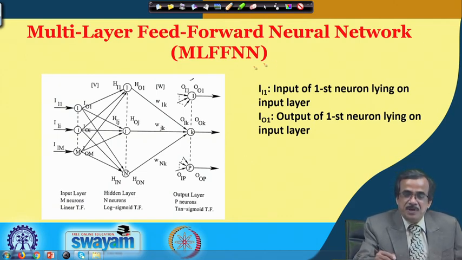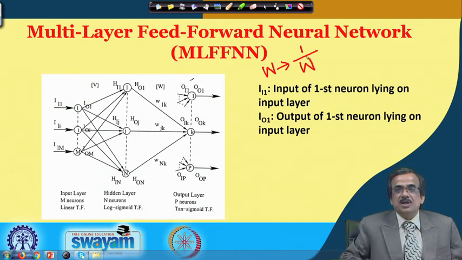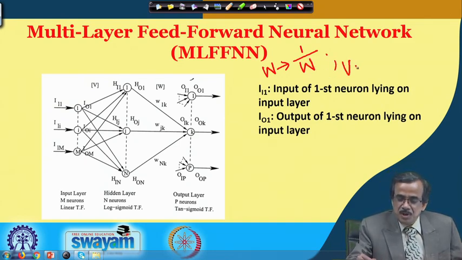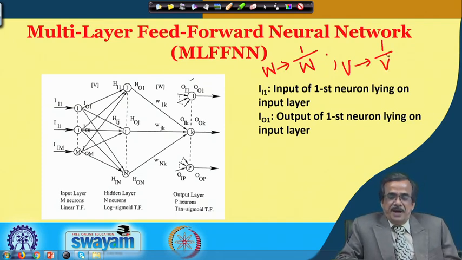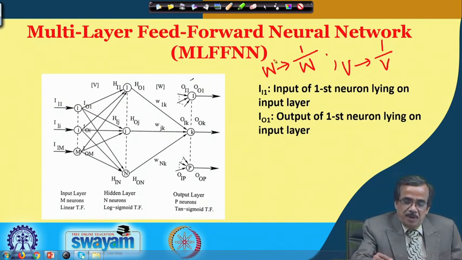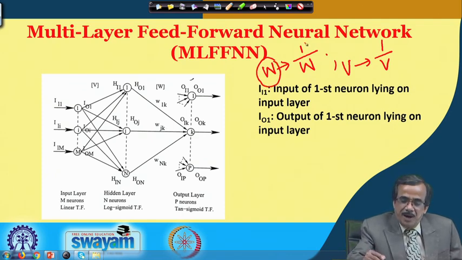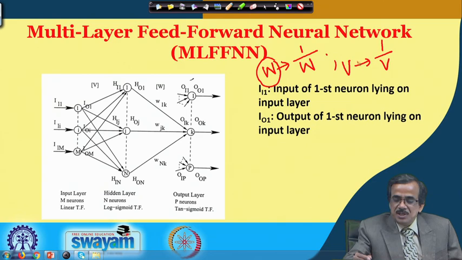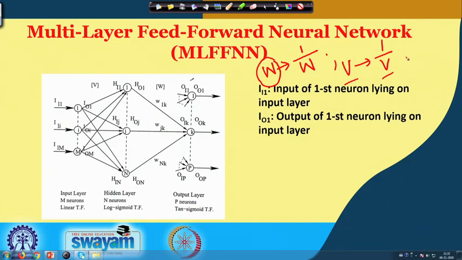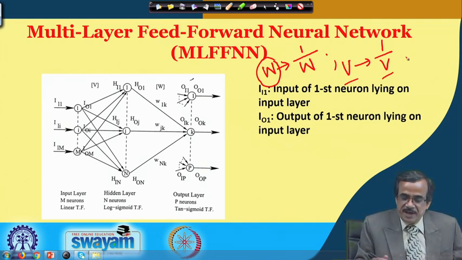If W or V becomes greater than 1, so it has gone out of range, in place of W we put 1 divided by W, or in place of V we put 1 divided by V. By doing that, if W is greater than 1, then 1 divided by W will be less than 1, and the same is true for V and 1 by V. By doing that, once again we forcefully put the limit within the range, and this network once again will try to become stable.